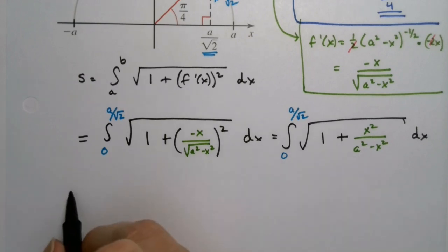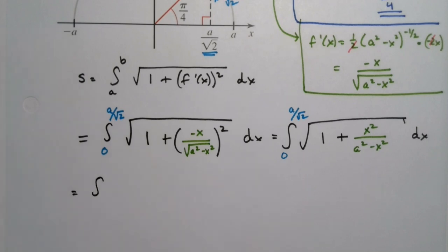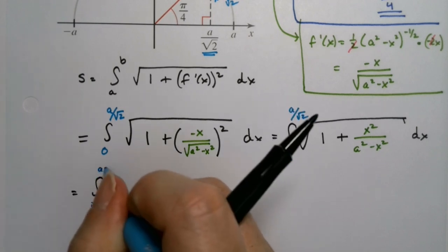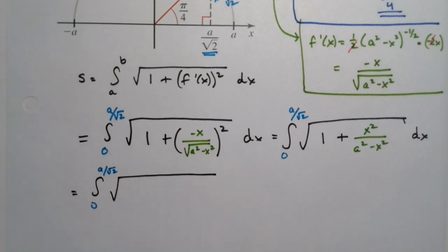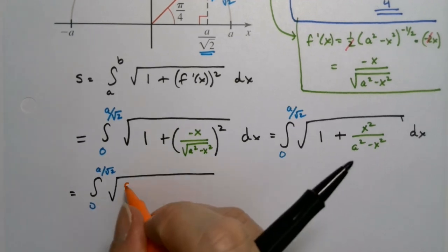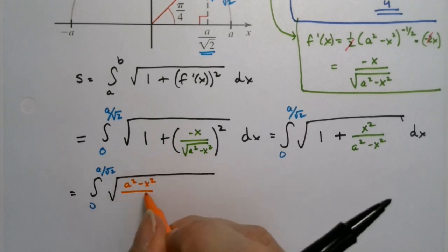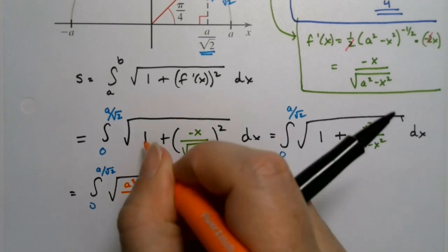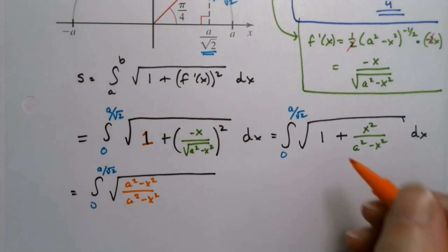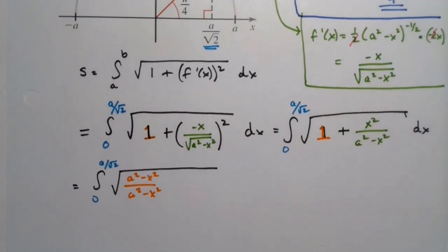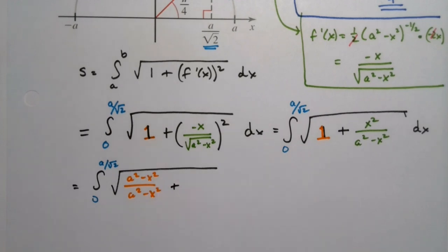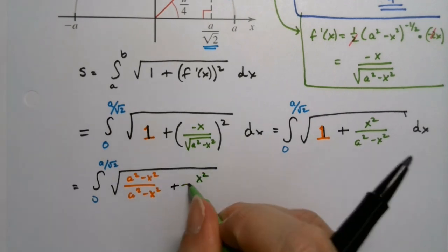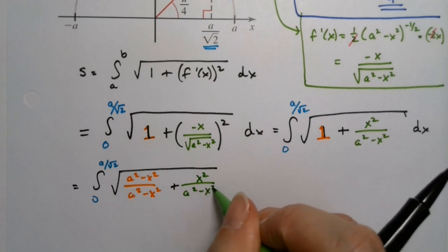So this is going to be equal to the integral from 0 to a divided by the square root of 2. I'm going to change that 1 into a squared minus x squared over a squared minus x squared. Right? That's the 1. So I'm changing it. And then I'm going to add to it x squared over a squared minus x squared dx.